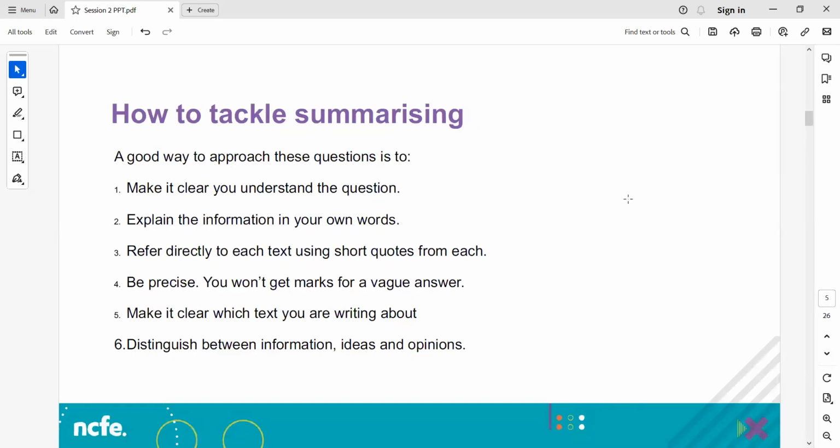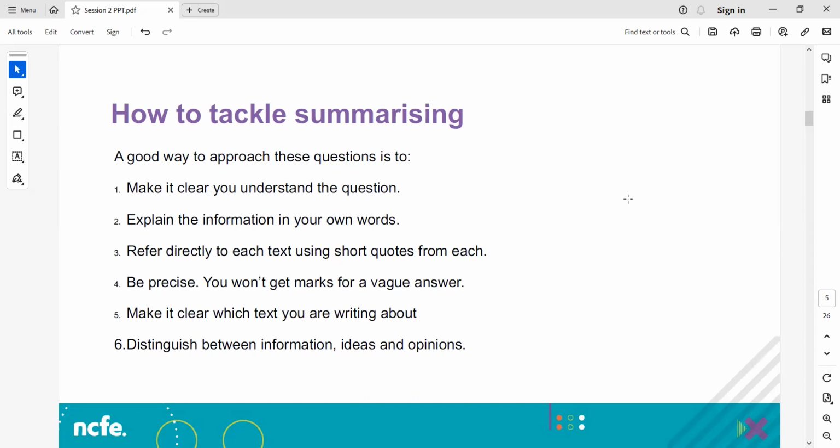So, summarising. First, you need to make it clear that you understand the question. If you get a question to explain how the texts have similar ideas, then you would make it clear you understand the question by beginning your answer with "one way the texts are similar is that" or "one way the texts have similar ideas is that".